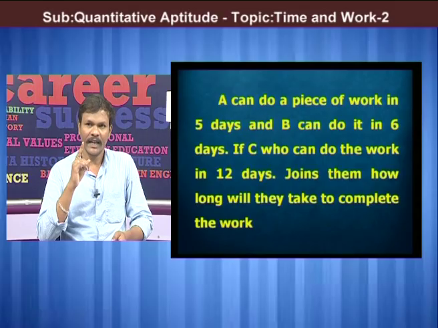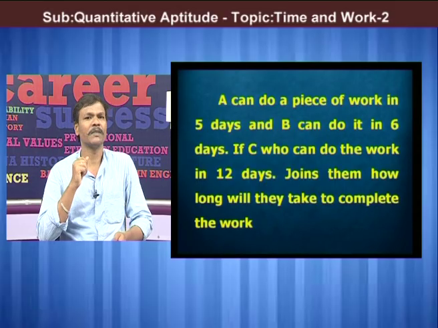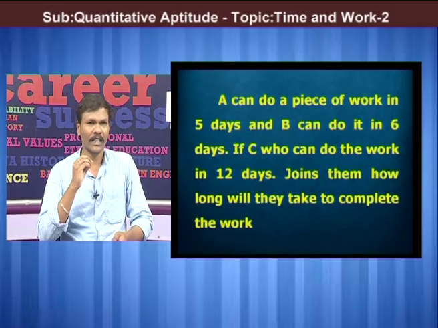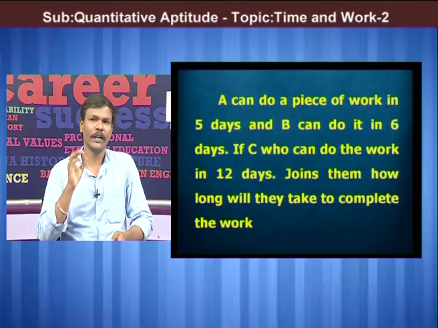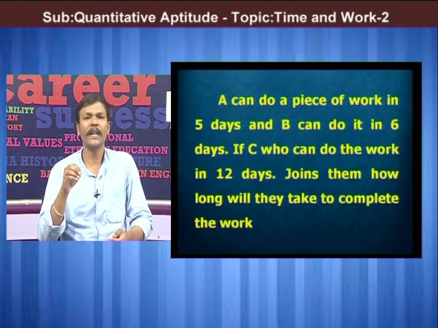In this question A, B and C, 3 persons, are working. We already discussed that when we have 3 values in the problem, we use the LCM method: LCM in the numerator, and the denominator will be LCM by A, LCM by B, LCM by C.